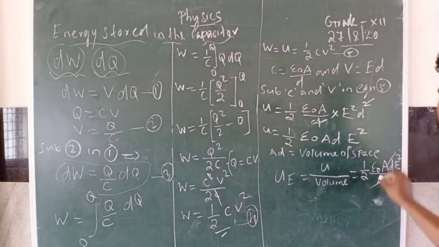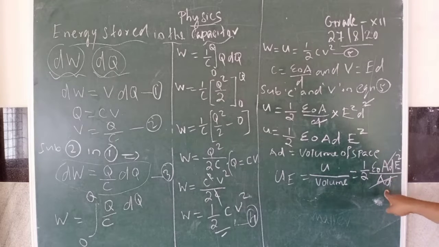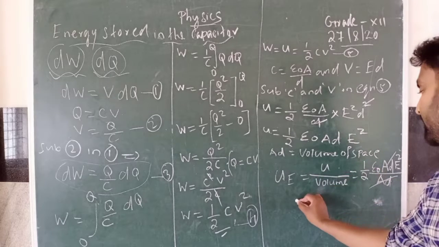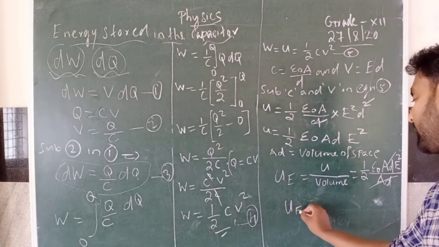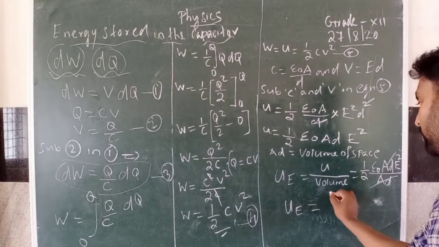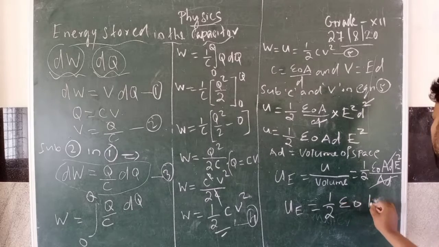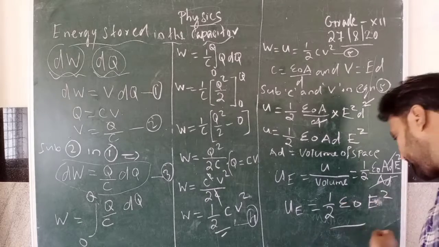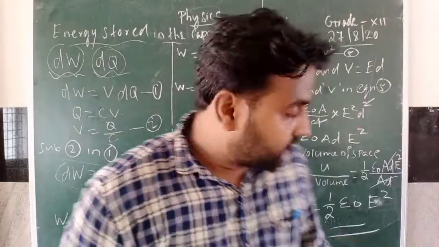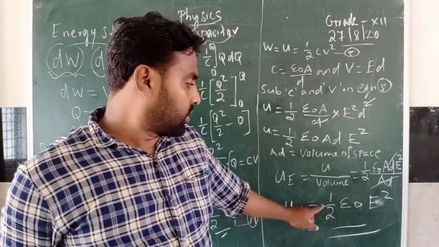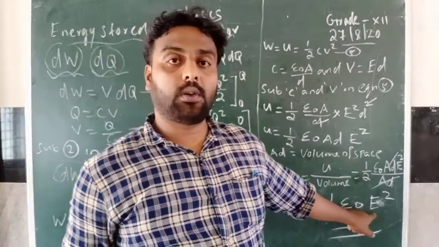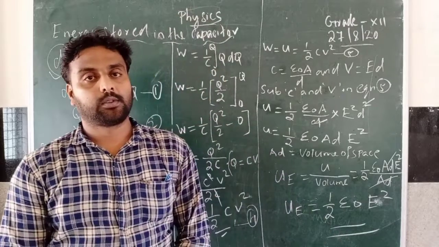So AD cancels. What is remaining? UE is equal to 1 by 2 epsilon 0 E square. This is the final equation.